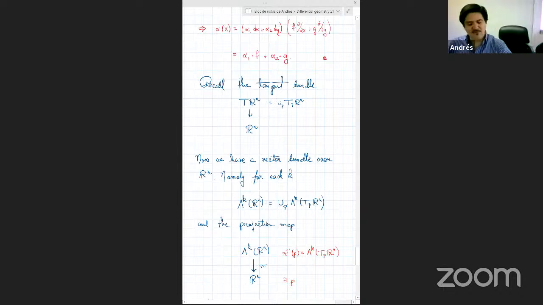The preimage of every point is a vector space. So this is a vector bundle of rank n choose k. Okay, so this is what we have here.